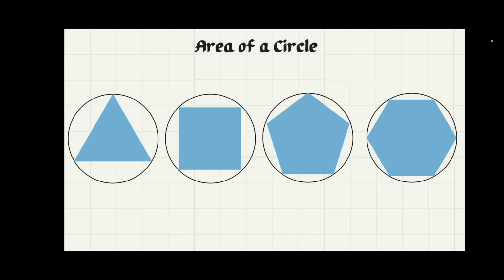Yes, each time we increase the number of sides, the polygon starts fitting the circle better. Don't you think so? So, as the number of sides increases, the polygon becomes closer and closer to the shape of a circle. This idea helps us understand how the area of a circle is derived.